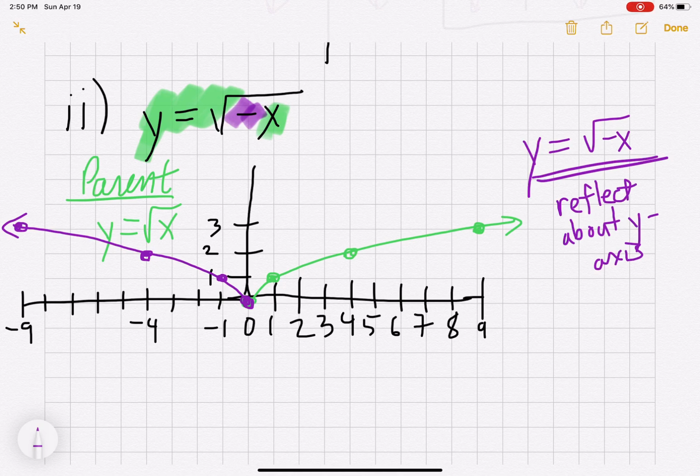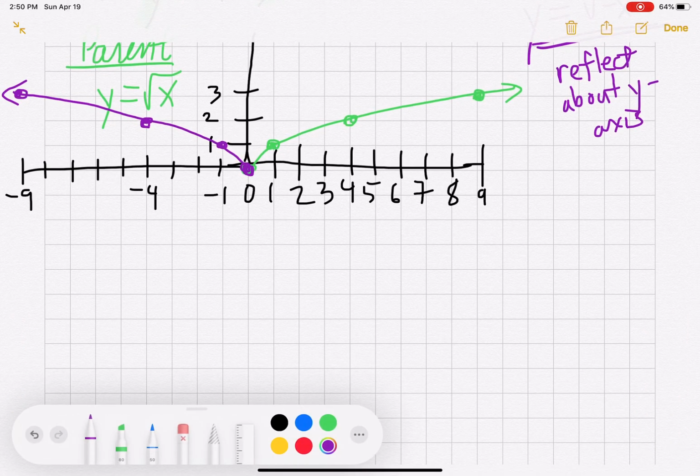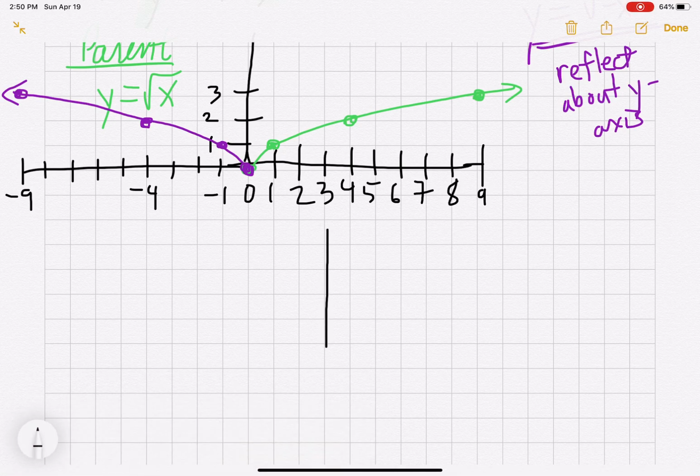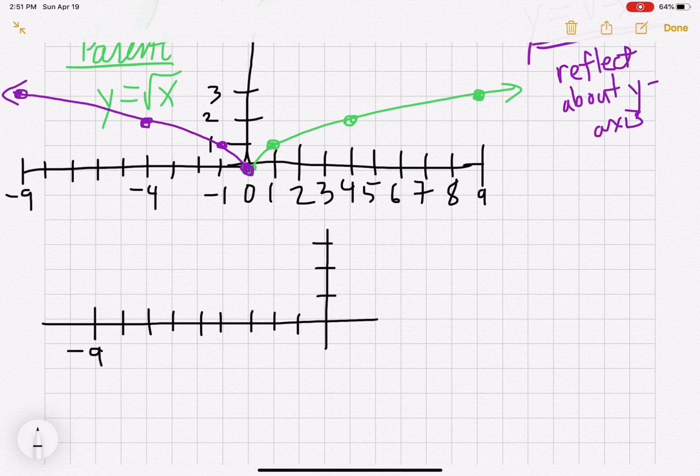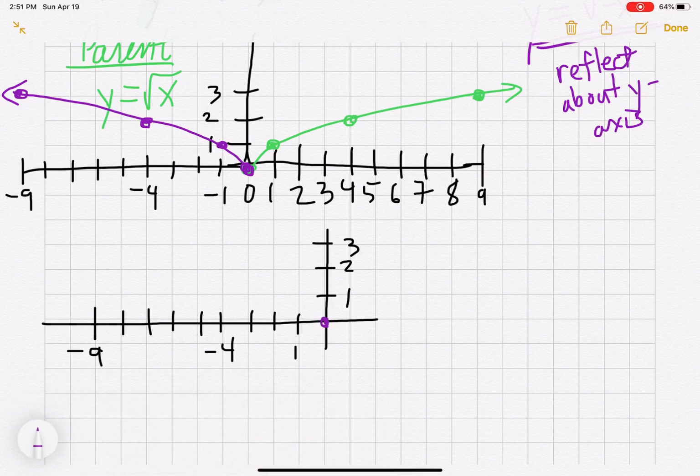Now let me go ahead and give this graph its own little coordinate plane, a glorious graph all on its own. Right, so remember our key points, purple there: (-4, 2) and (-9, 3).